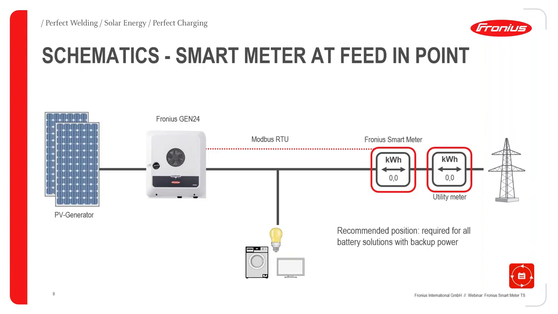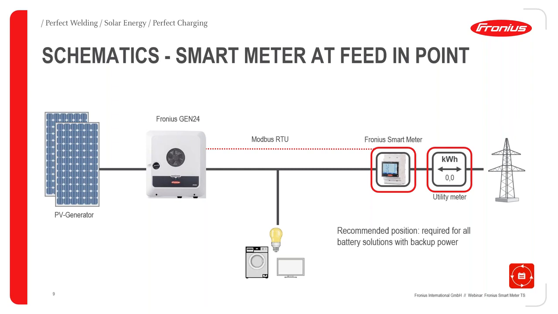And after that, we usually recommend the Fronius Smart Meter to be set, because that's actually the central collection point. And from there on, we have our consumptions connected and also our production, in this case, the Gen24 inverter. So by placing it in this position, we have it perfectly fit.